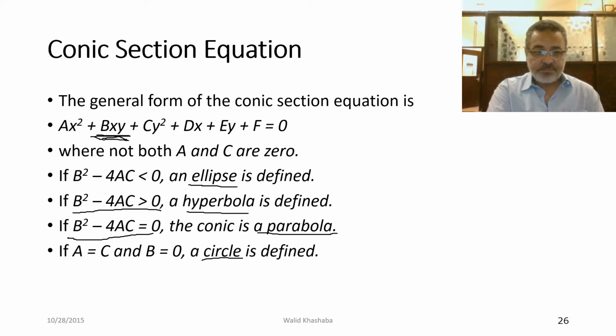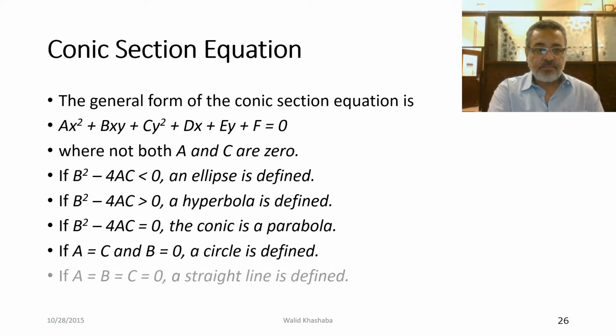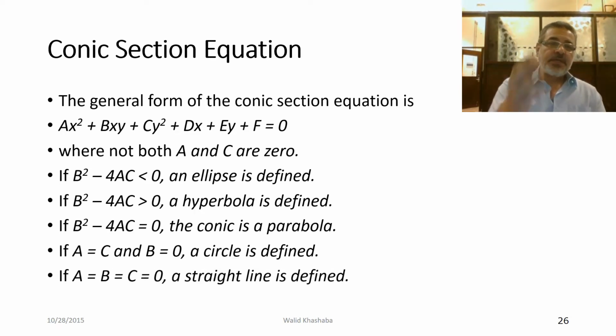Of course, if all the second degree terms, x squared, xy, and y squared, disappear, which will happen only if A, B, and C are equal to 0, then we have a first degree equation, only dx plus ey plus f equals 0, and we are dealing with a straight line.